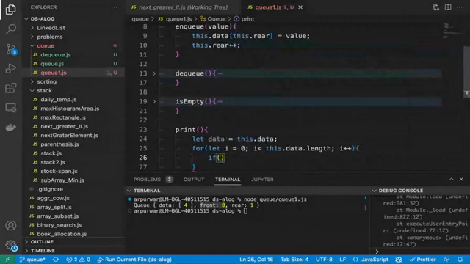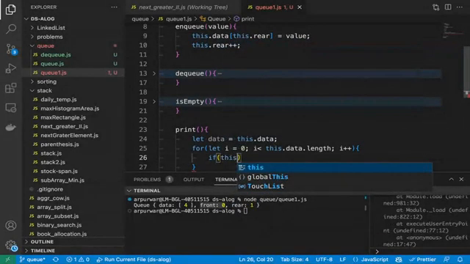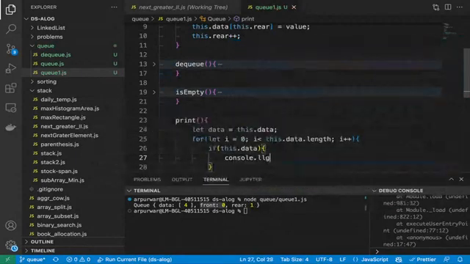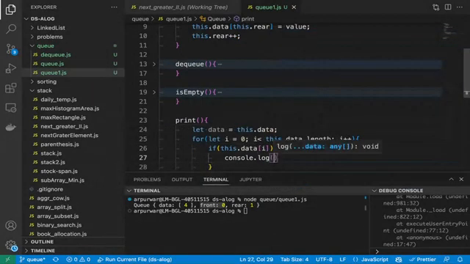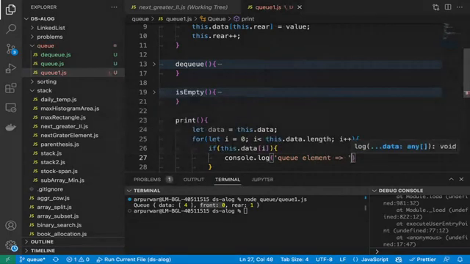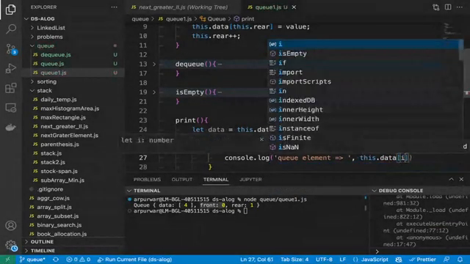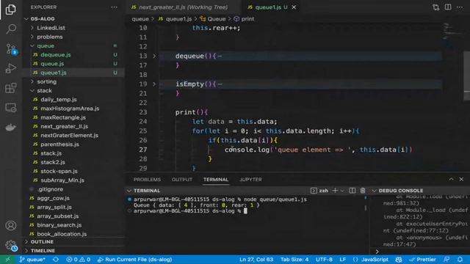And here you can look, if this.data[i], console.log. If at that index we have data, please print it out. Q element, this.data[i].